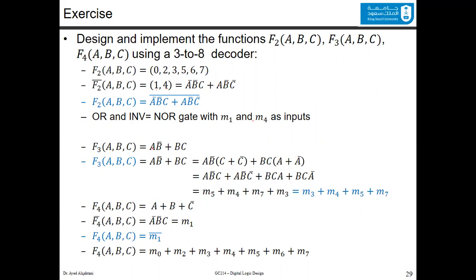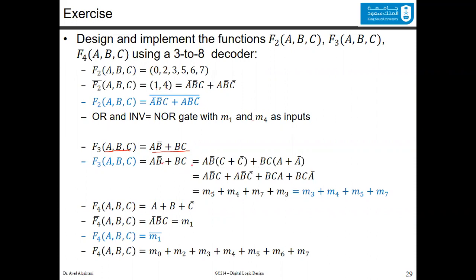F3, if you were given A, B bar or B, C, you notice here that we have 3 inputs, and these are not minterms. You don't know exactly which minterms right away. So to do this, we use simple Boolean algebra.